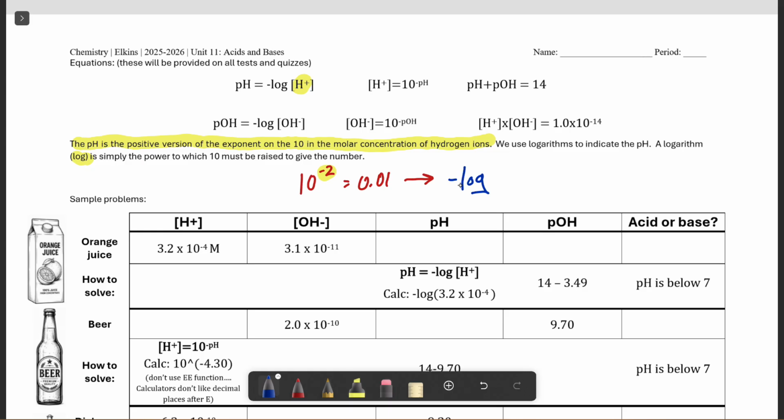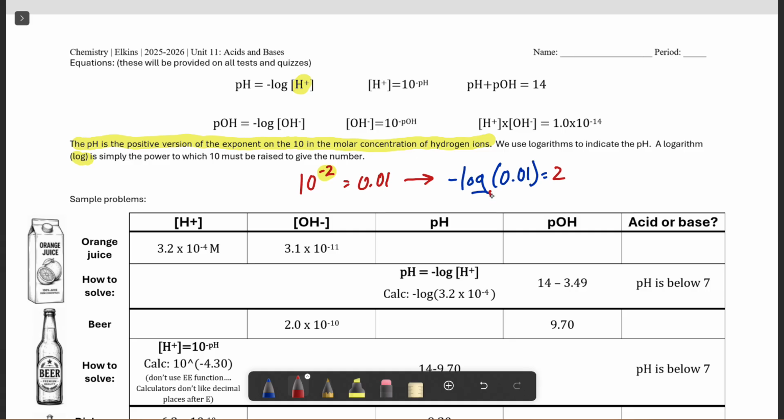And what I put after the log is always the actual numerical value that this whole thing represents. So if I say negative log of 0.01, then that is going to equal 2. If I were to say log of 0.01, then that would equal negative 2. But I'm doing a negative log to get rid of the negative number, okay?